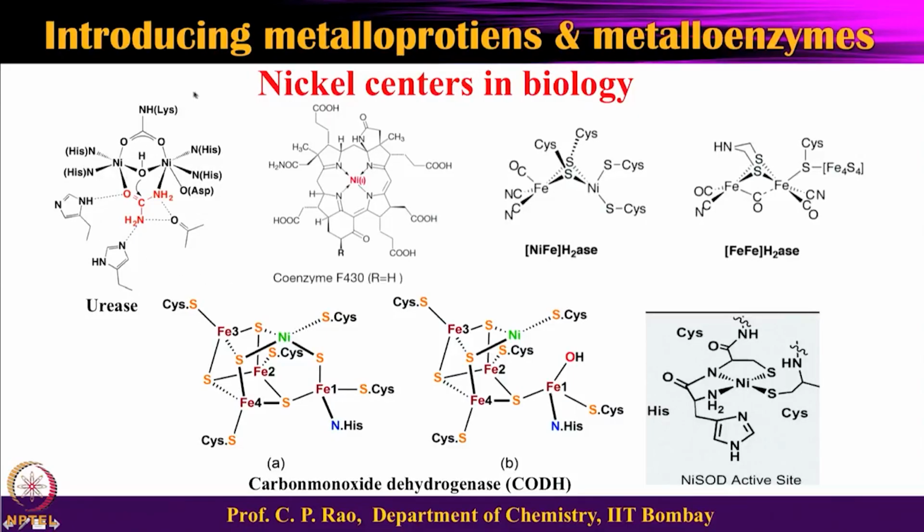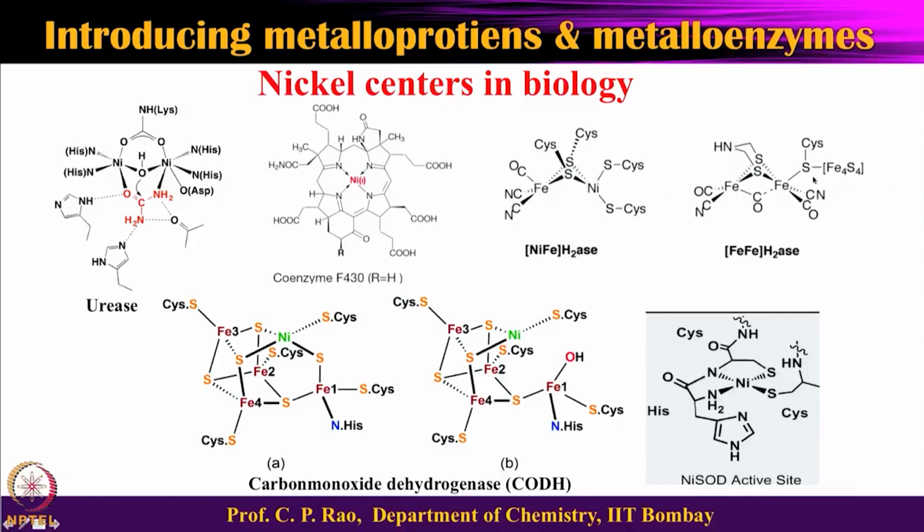So, now let us get back to these structures. This di-nickel center on the left top is the urease, which we have seen the reaction earlier. The second one is factor F430, which is present in the coenzyme M reductase, and these two are the hydrogenases. We will be discussing only this hydrogenase, but not this one.